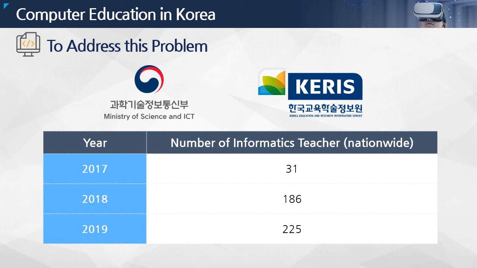The Ministry of Education is hiring more and more teachers to teach computing every year. In 2017, only 31 teachers were hired nationwide, while 186 new teachers in 2018 and 225 in 2019 were hired to teach computer sciences.